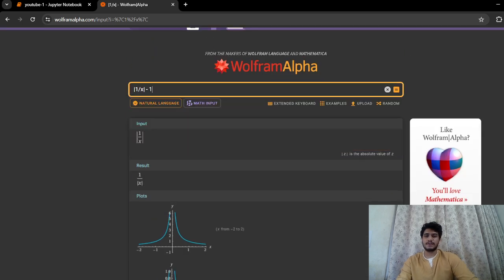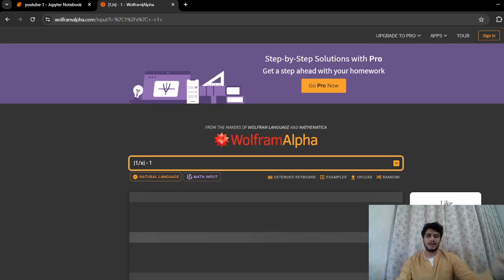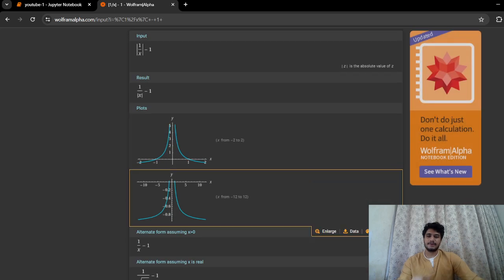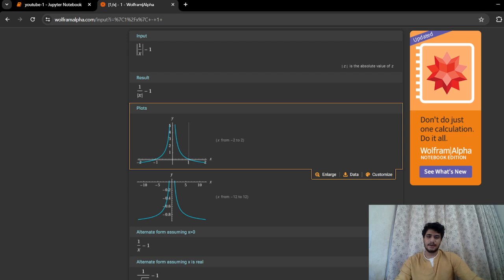And the previous loss we used was 1 over x minus 1. And you can see here it becomes 0 at x equals 1.